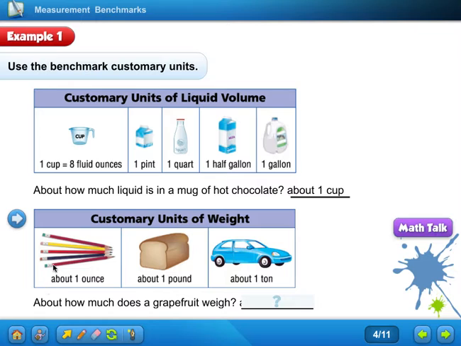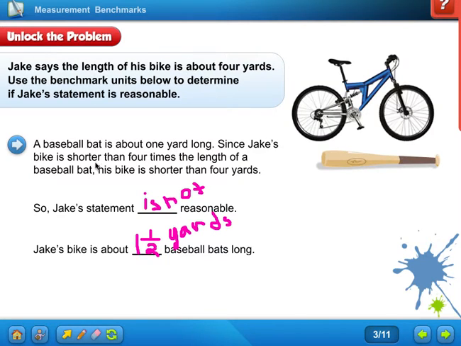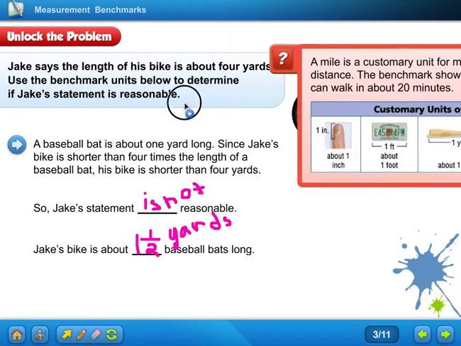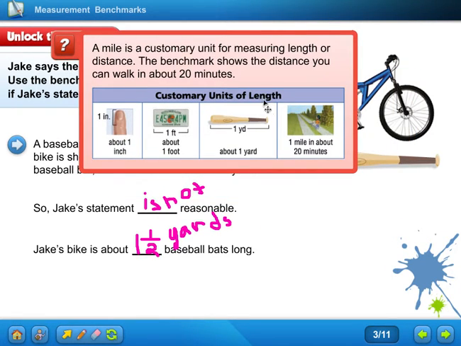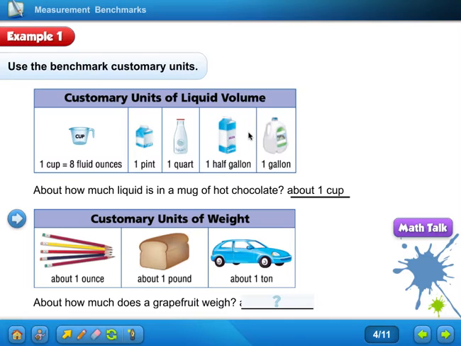All right, next one. Customary weights. So that's volume. That means like liquid right here. We just did, this one was length, how long something is. Then we just did liquid volume. So liquid, water, milk, anything that's liquid.